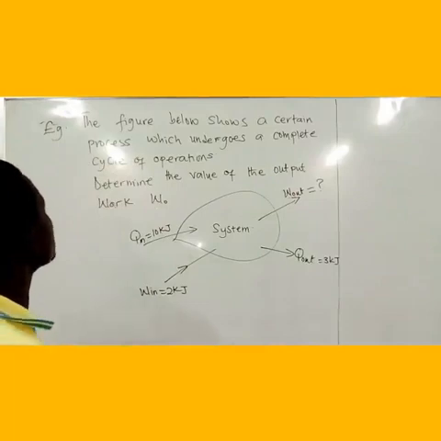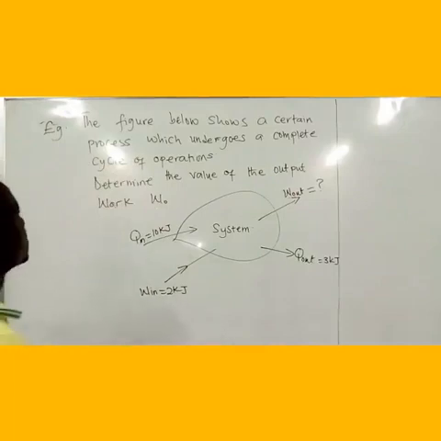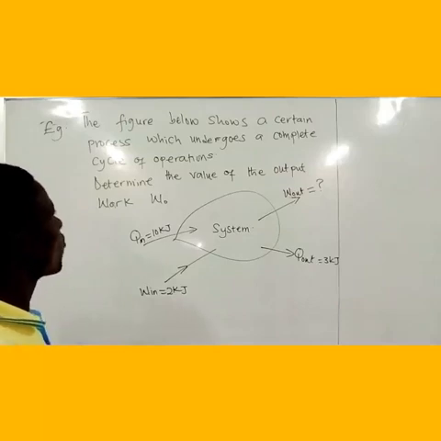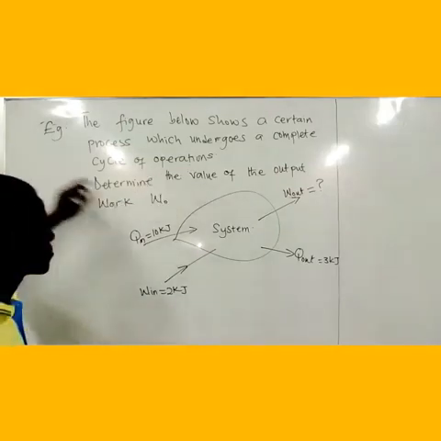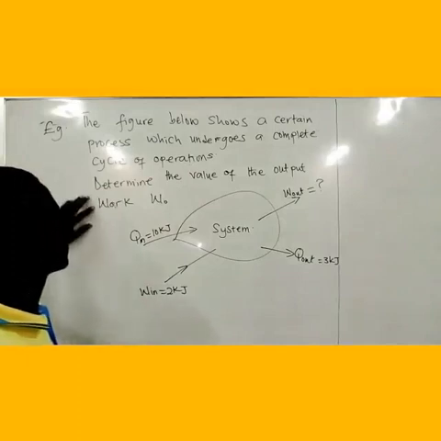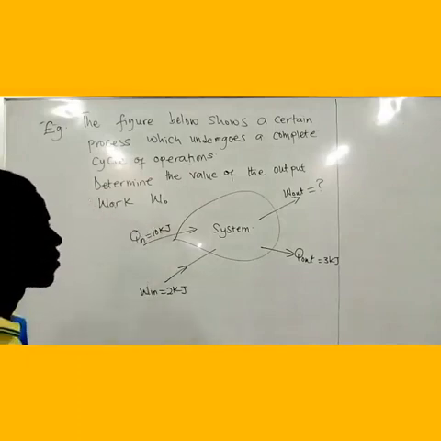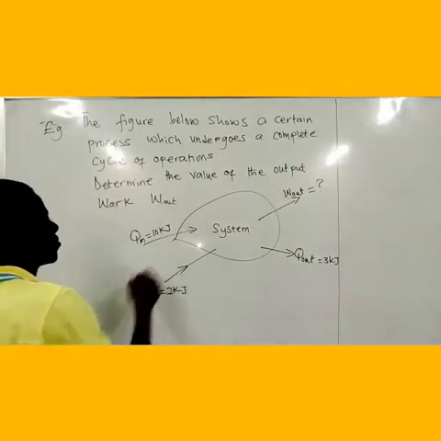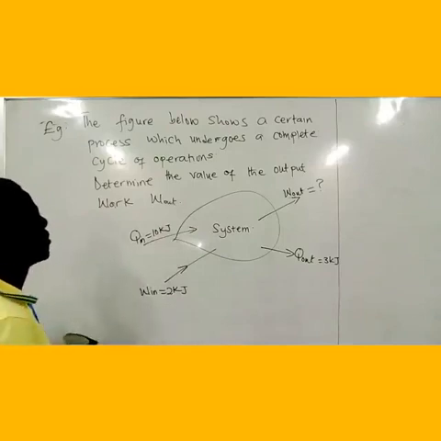Okay, if we take for example the question on the board: the figure below shows a certain process which undergoes a complete cycle of operations. Determine the value of the output work, W out.